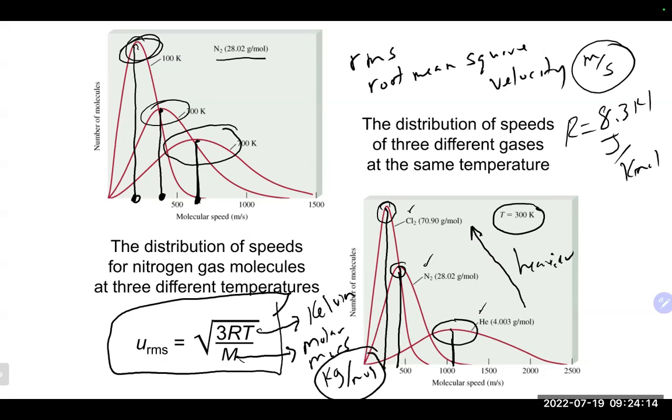So when you use this equation, you have to have it in kilograms per mole and not grams per mole, and it has to do with the R value here. If you remember, a joule is equal to a kilogram meter squared per second squared.